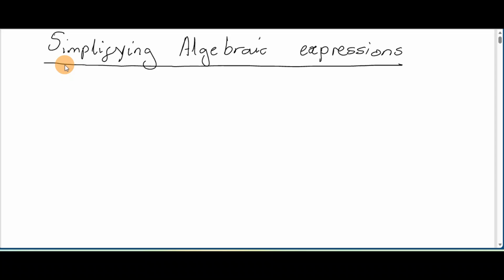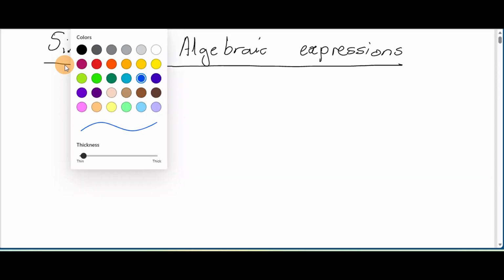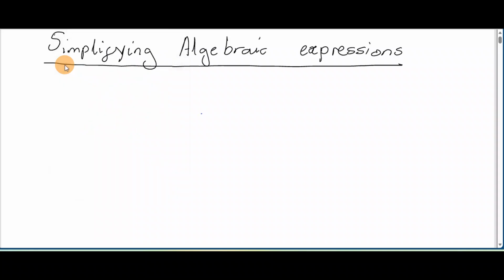Today we'll be doing the basics of simplifying algebraic expressions, like your foundation. Simplifying algebraic expressions is the opposite of factorization. When we do factorization, we are changing and having brackets, right?